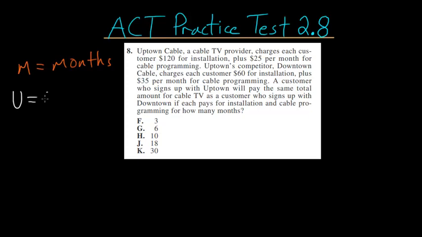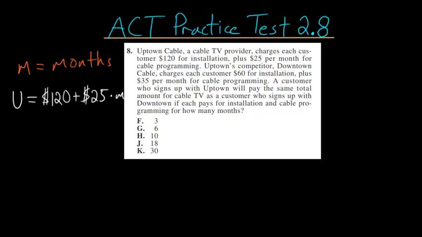So the fixed cost, the cost you have to pay no matter what, is this installation cost of $120. But then you have to pay $25 per month for the cable programming. So after that, it would be 25 times M. And this should make sense, since if you put in 3 for your number of months, then it would be 25 times 3, which is $75.